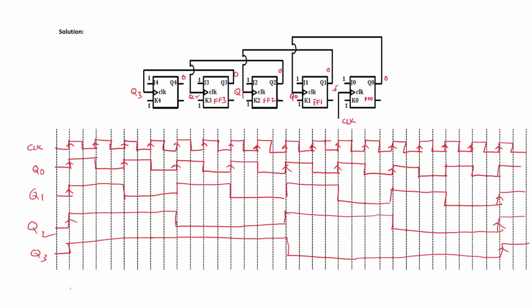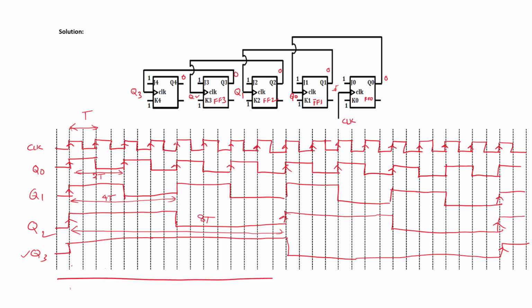We need to find out the frequency of the output waveform Q3. If the clock time period is T, then the Q0 time period is 2 times the clock. The Q1 time period is 4 times the clock. The Q2 time period is 8 times the clock.